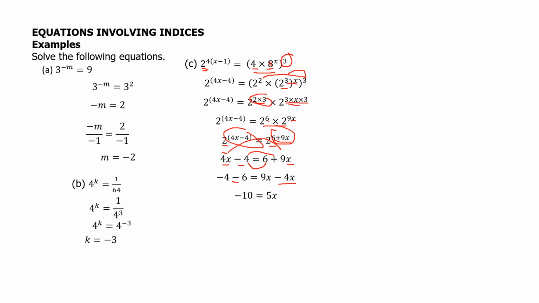When we add on the left hand side, we have a negative 10. Then we add on the right hand side to have a positive 5x. Now we divide both sides by 5 such that we get negative 2 equal to x, which can be rewritten as x is equal to negative 2, and the equation is solved.